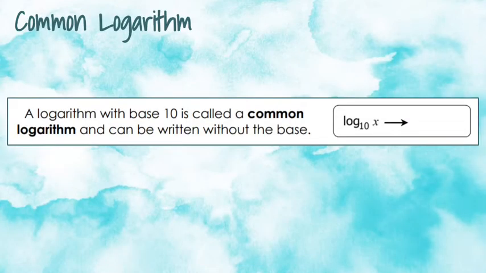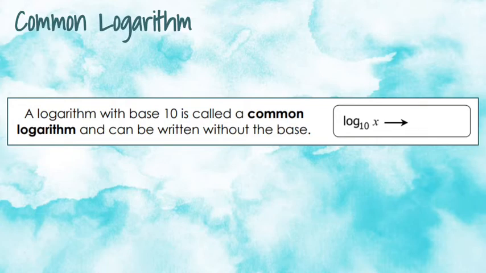As we talk about logarithms, something that we need to know about is called the common logarithm. The reason we need to know about this is because your calculator has a log button, but that log button is base 10. It is not just any log.